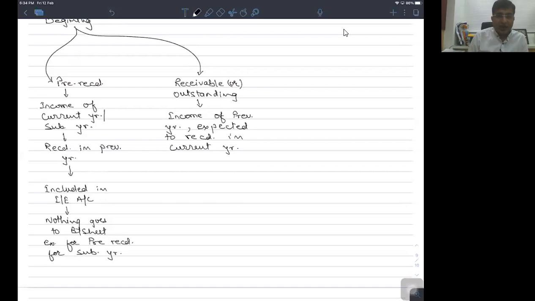That is what we call as the receivable or outstanding at the beginning. Correct? Not included in income and expenditure account.